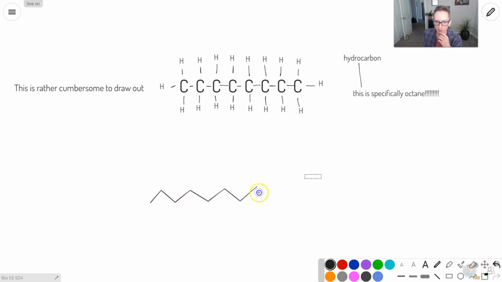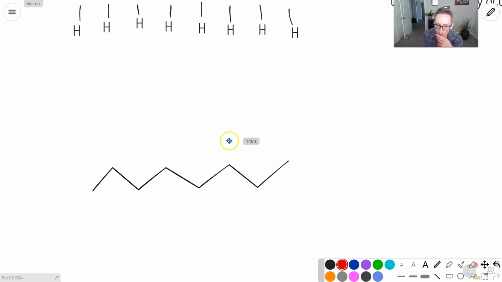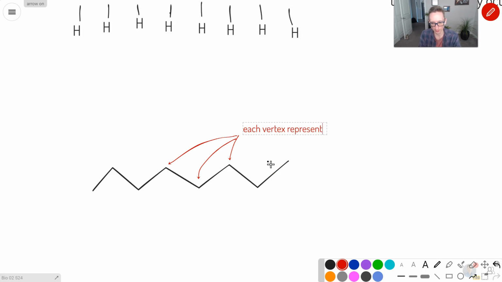So this would be the same thing, and you just draw the little backbone of the carbon like this, and each one of these vertices represents a carbon. Each vertex represents a carbon. This is just a faster way to draw it out. So we can draw out molecules like that.